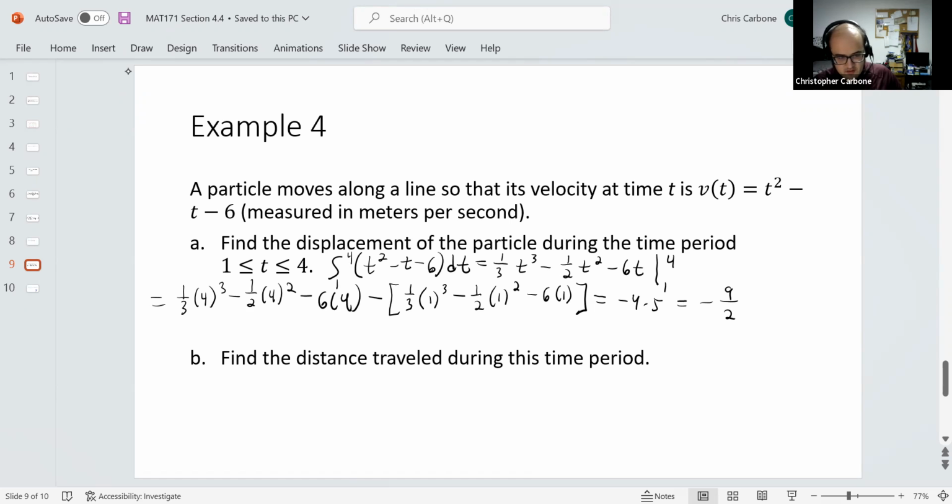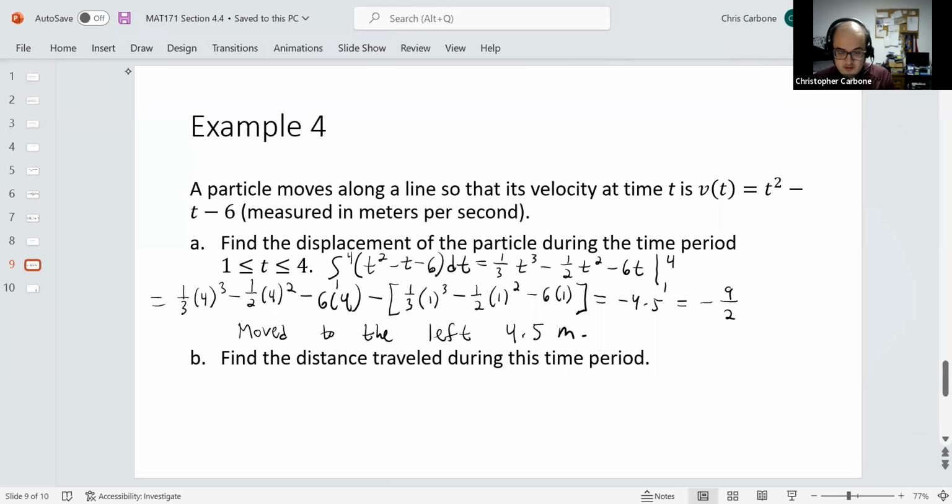So this particle moved to the left four and a half meters. And now the distance traveled during this time period.